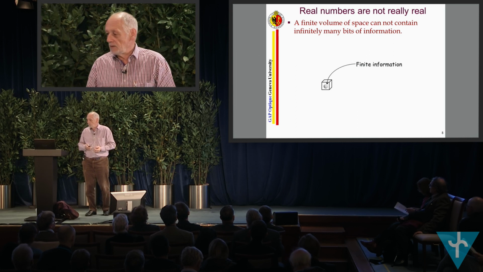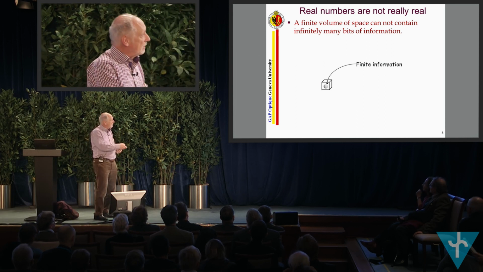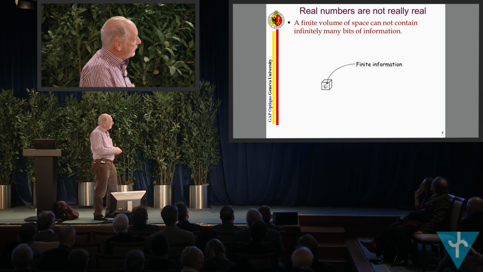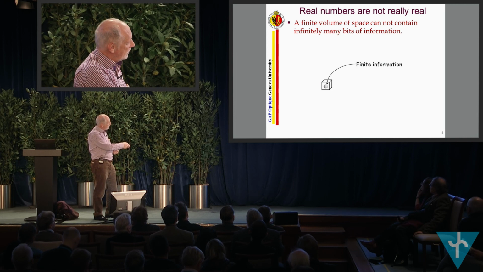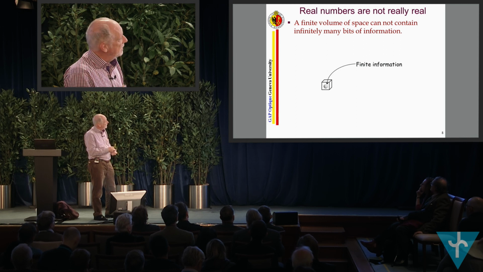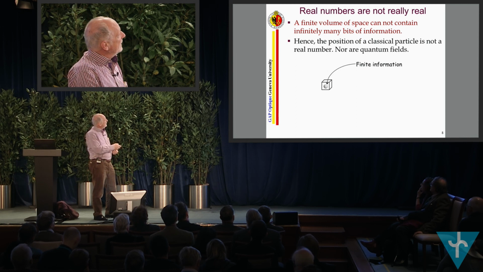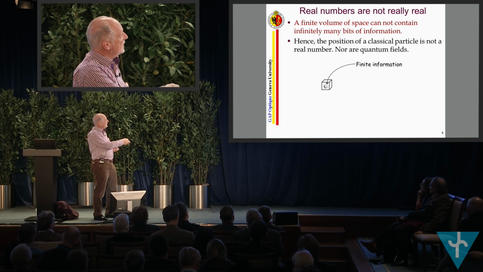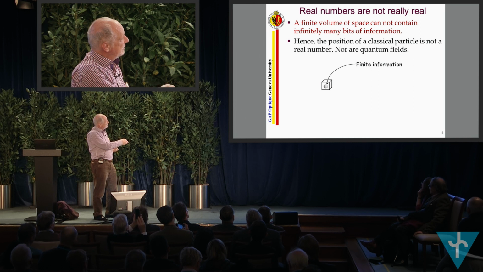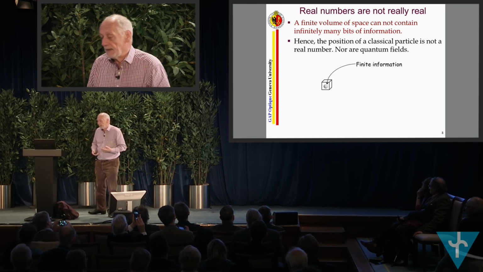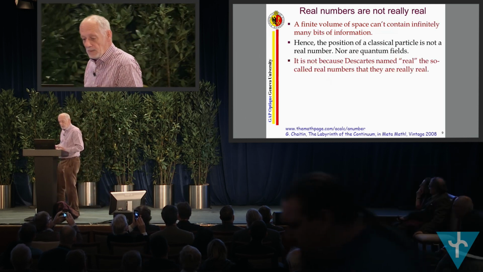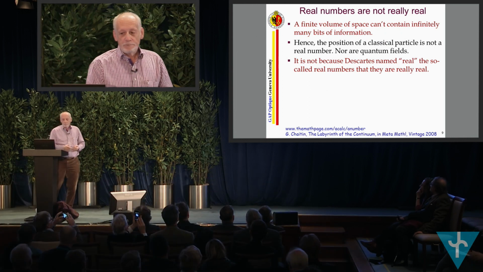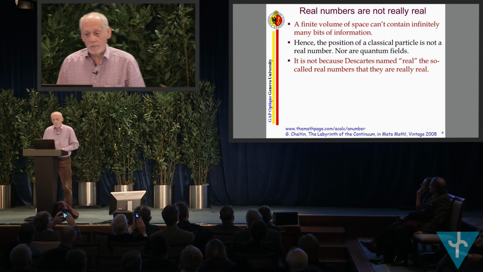But that means that if I have a classical object inside my finite volume, the position of the center of mass of that object cannot be a real number, because a real number contains infinitely many bits.